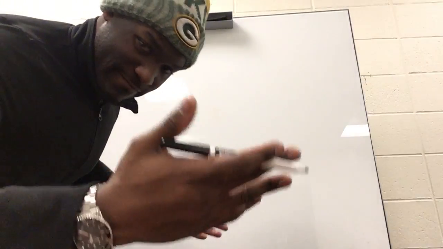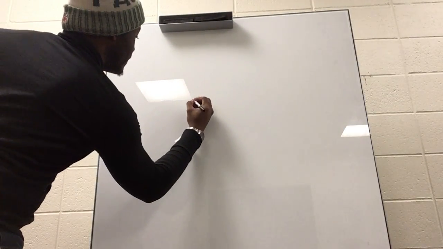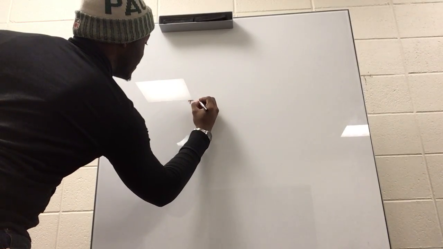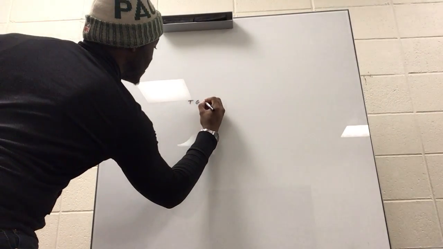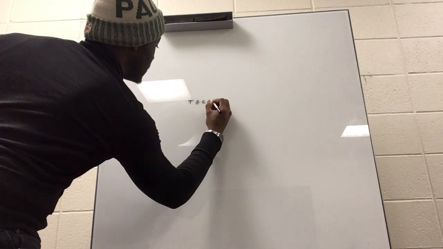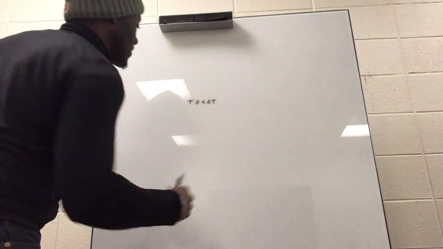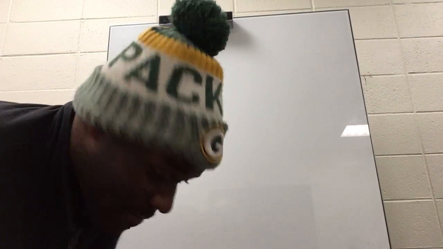So, I'll start off with drawing out the offensive line, of course. Now, the formation I'll use, I'd say single back, 3 wide receivers, 1 tight end.